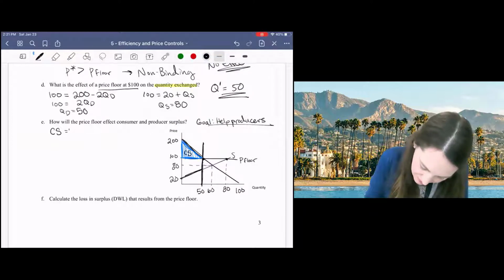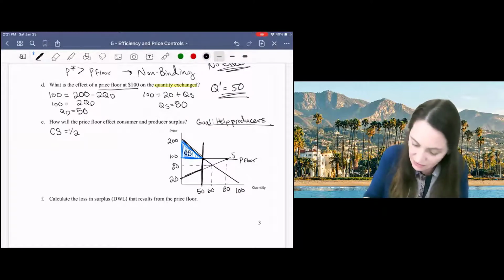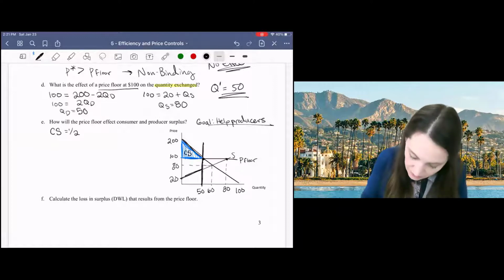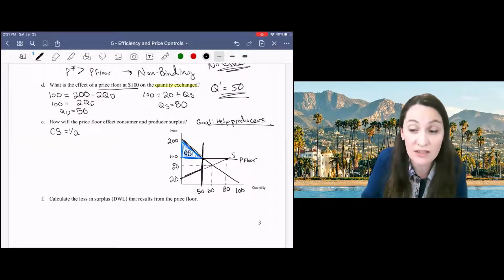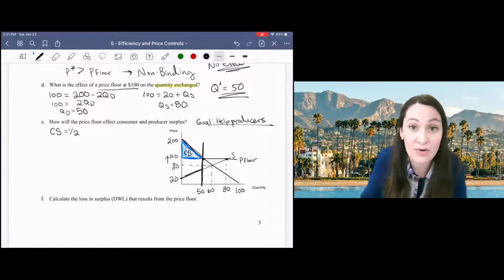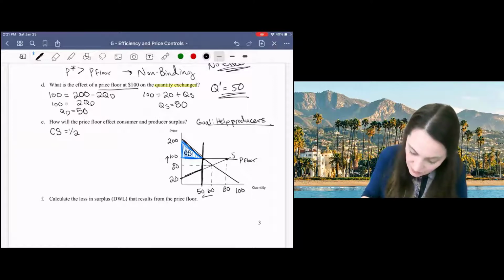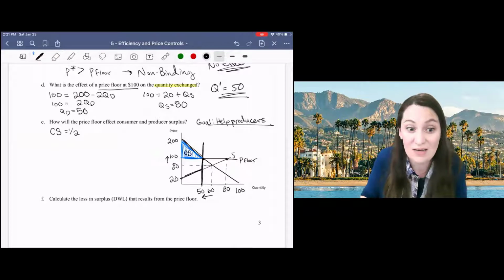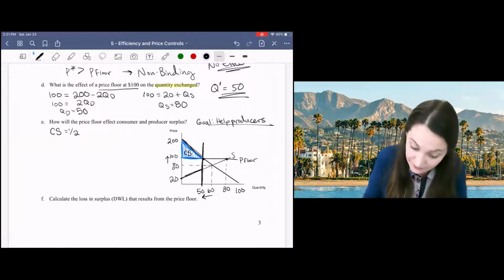So to find consumer surplus, we can find the area of this triangle. Notice that consumers are very clearly worse off in this case as they are paying a higher price and consuming a smaller quantity. So, boo.